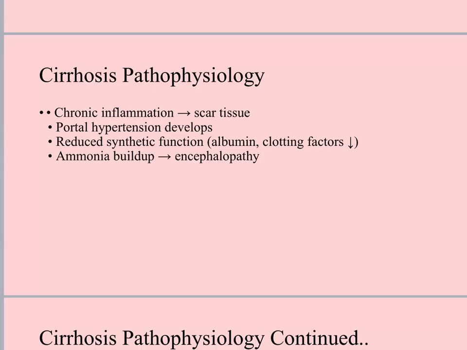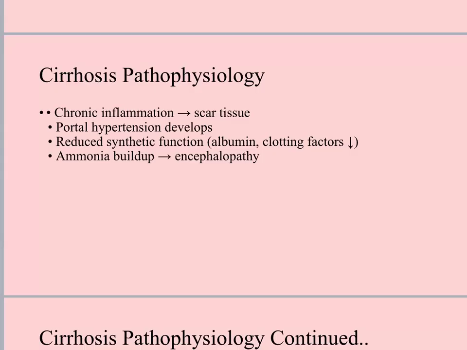We have reduced synthetic function. The liver helps synthesize albumin, a plasma protein that helps fluid stay where it needs to stay in the body. That's why people get these big abdomens with cirrhosis and liver disease, because their fluid is collecting in the extracellular spaces, and it's why we give people with liver disease albumin.